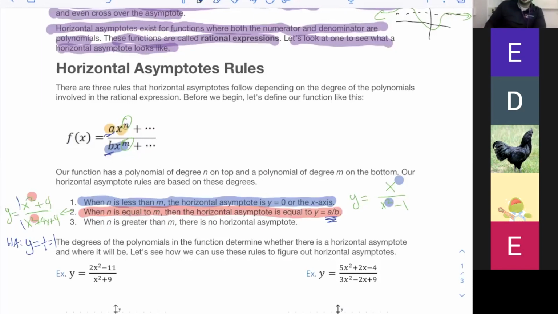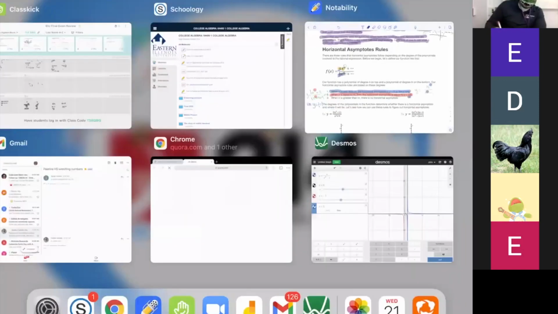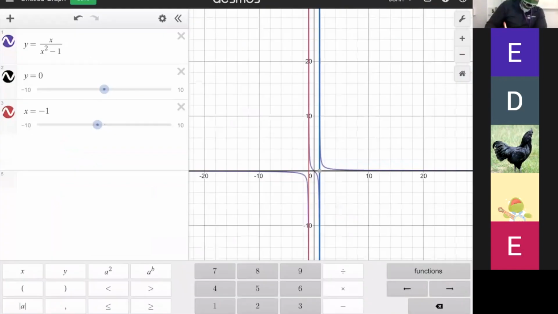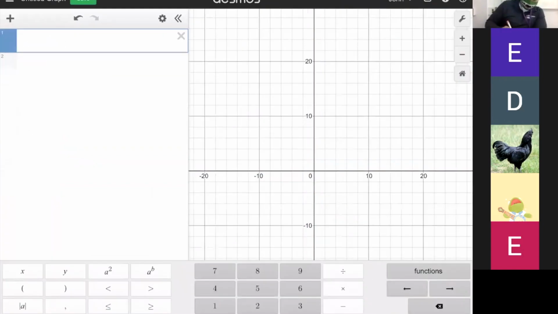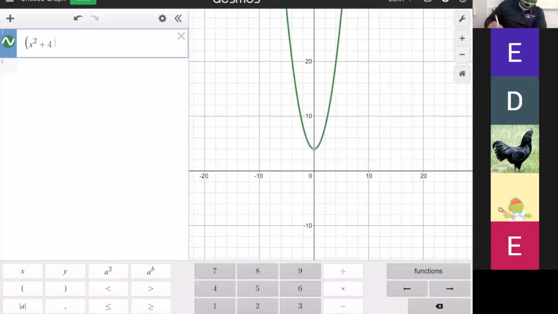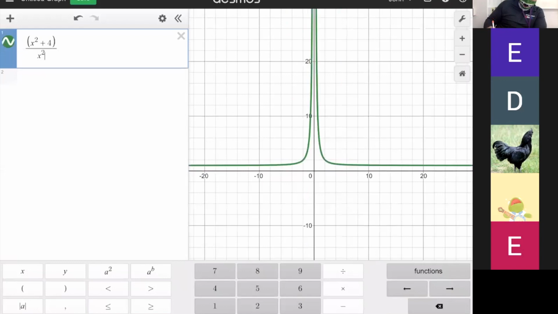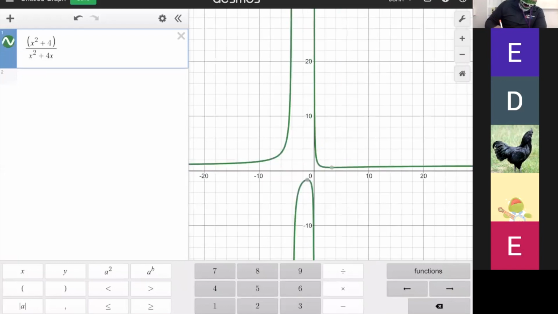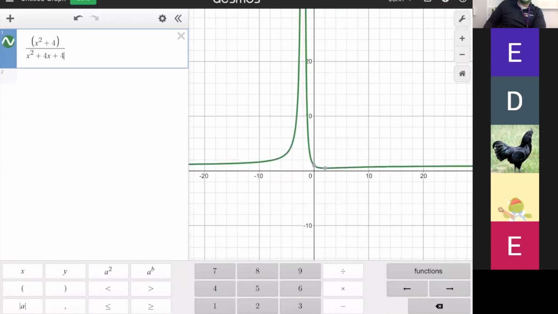And again, I know it seems like a lot, but you can always use Desmos. So x squared plus 4 divided by x squared plus 4x plus 4. Okay?